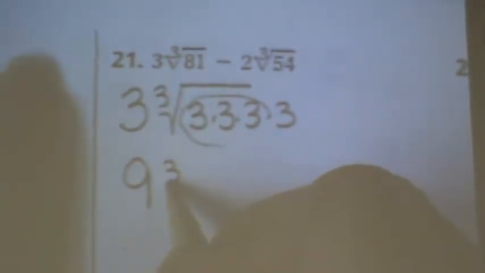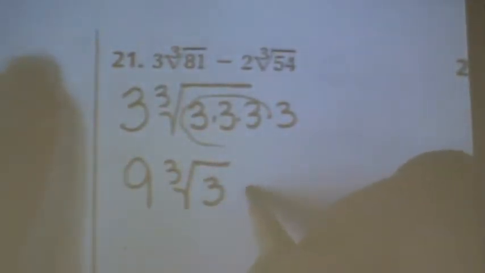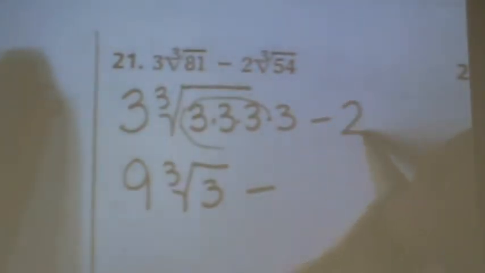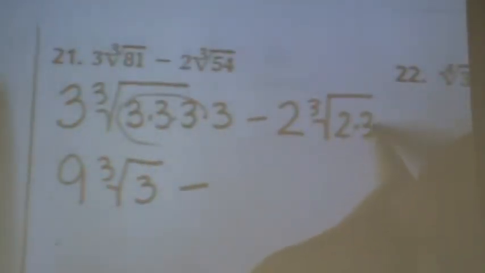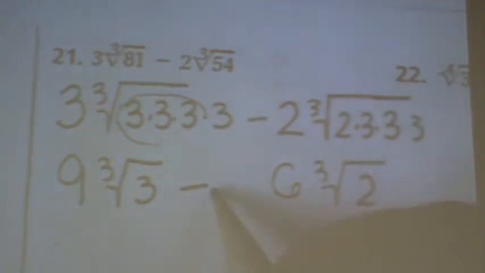So you take a 3 out, you get 9 cube root 3. And then 3, 3, 3, 2. You kind of just remember it at this point. It's like chemistry.